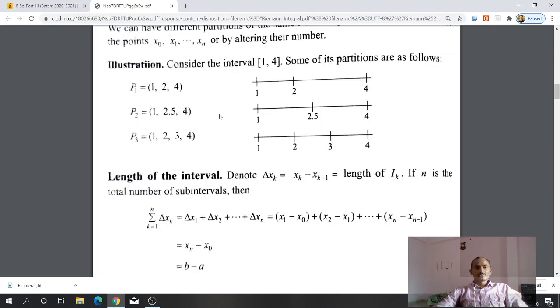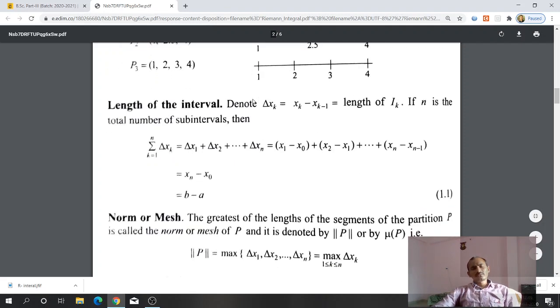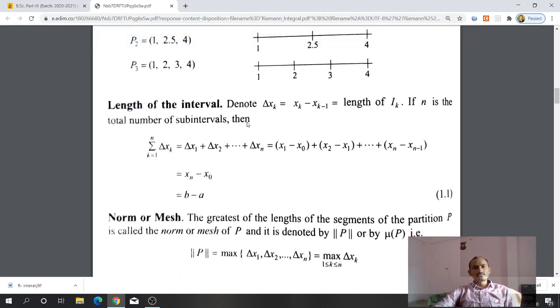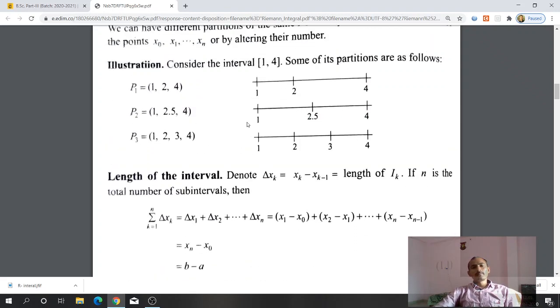So we can take any elements to partition this closed interval 1 to 4. Now we will discuss what the length of a given interval is. The length of a given interval is the difference of the last element and the first element.